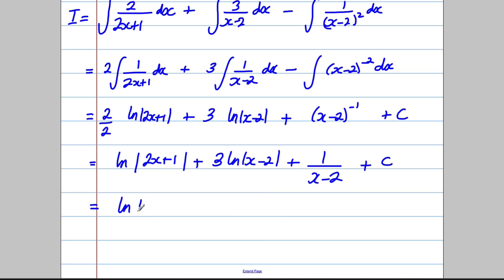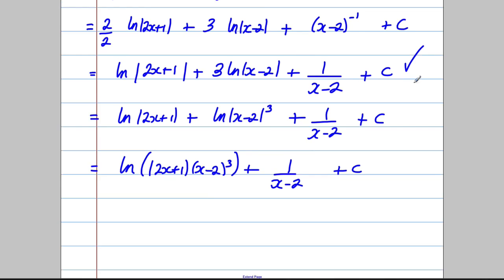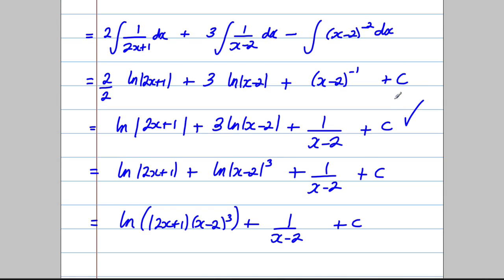If I really wanted to, I could combine these, bring up the power of 3 like that, just so I can combine the logs, but it's not essential, and I could rewrite that as a natural logarithm of 2x add 1 multiplied by x take away 2 cubed plus 1 over x take away 2 plus constant. Okay, so I could rewrite it like that, but leaving it at that line there is absolutely fine. There's no need to do any more than that.